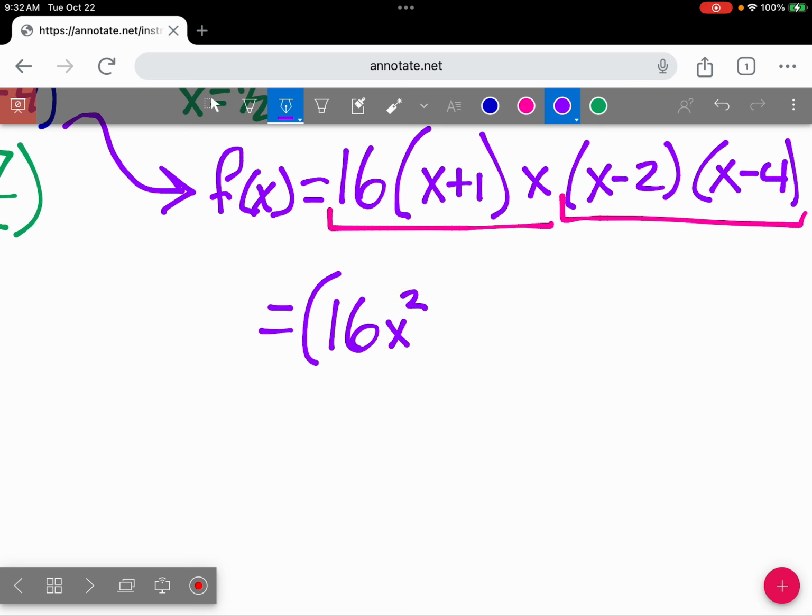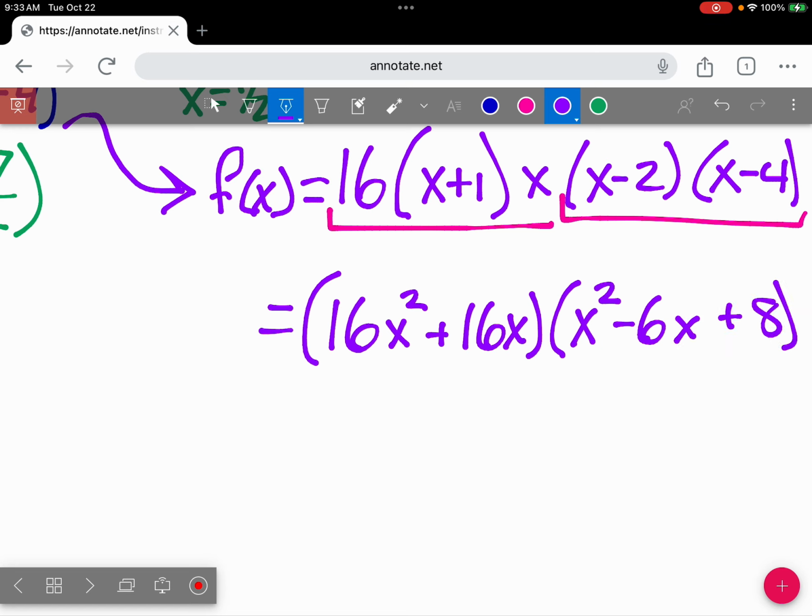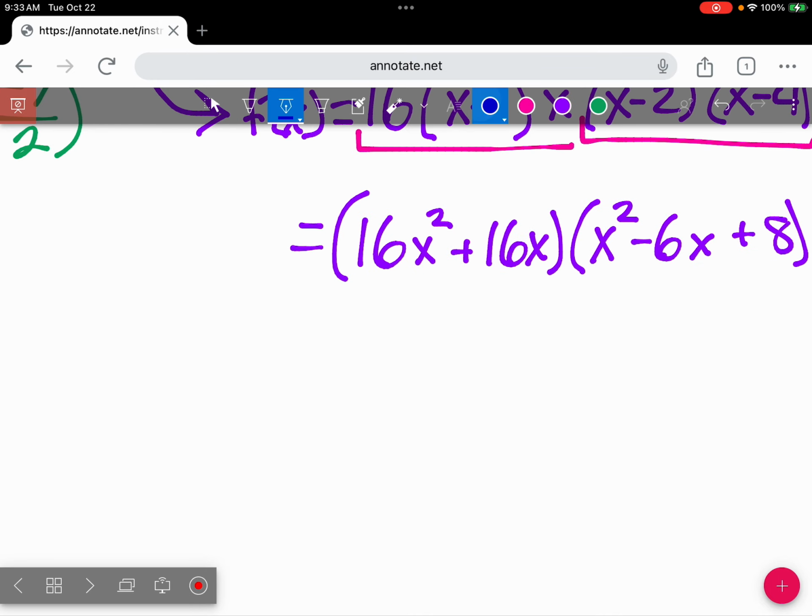16x squared plus 16x. And the right-hand piece is going to be our x squared minus 2x minus 4x, giving us minus 6x plus 8. And then, yes, we are really multiplying everything out. I give myself a little bit more space here.